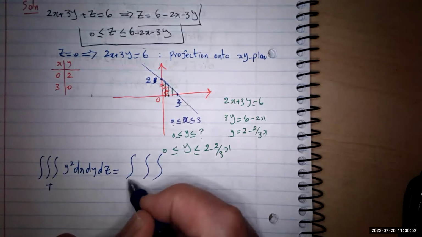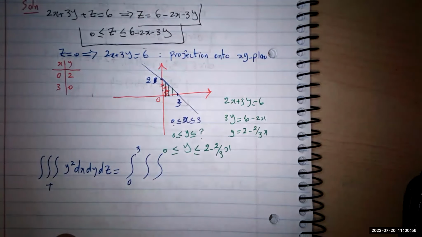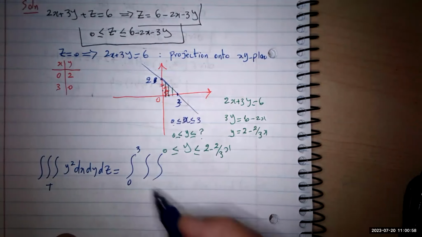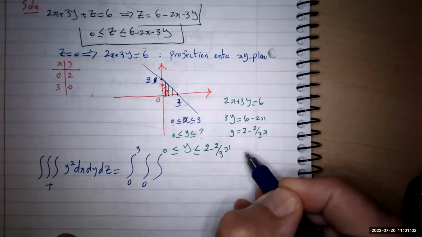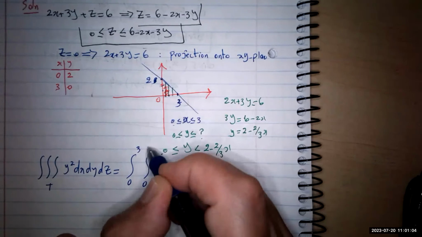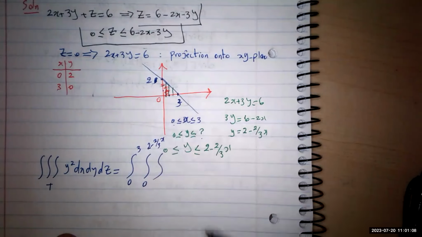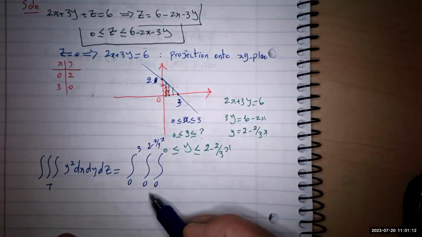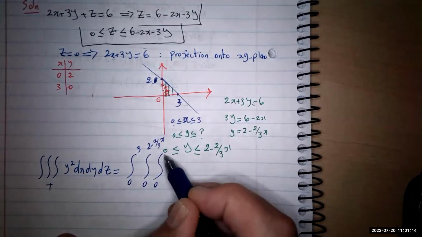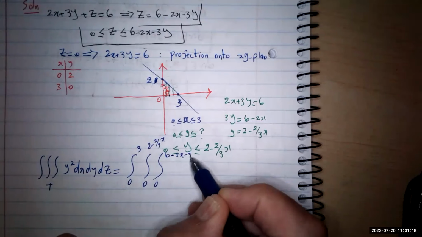Okay, so x is between 0 and 3, so we go with the x last, if you like. Then in the middle, you go with the y, and that would be 2 minus 2/3 of x. Then you have to start with the z here. Z would be 0 to 6 minus 2x minus 3y.